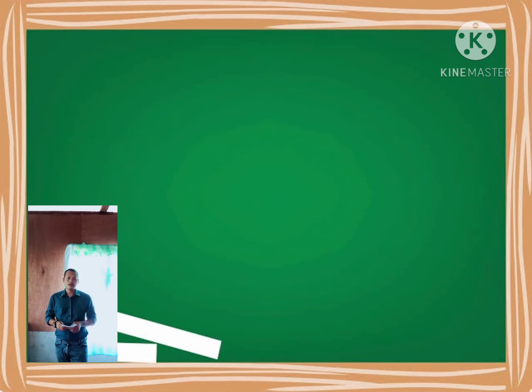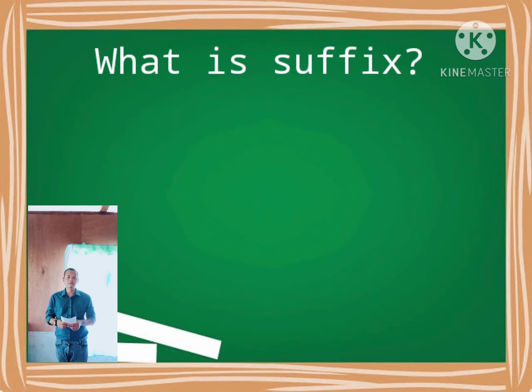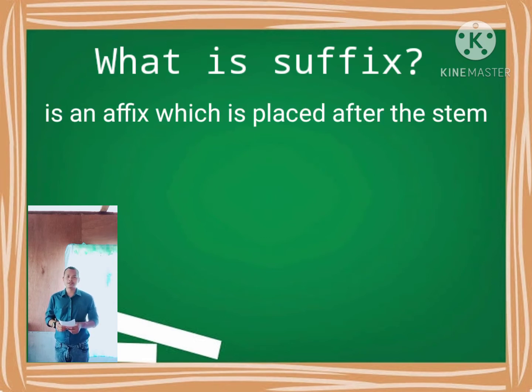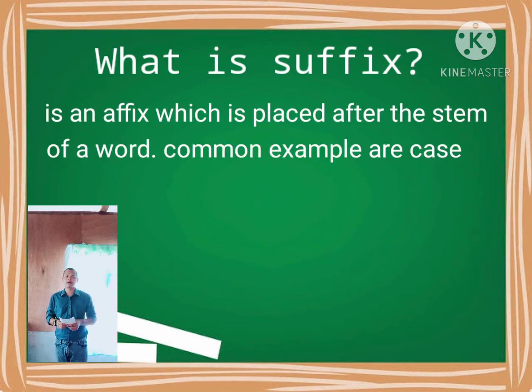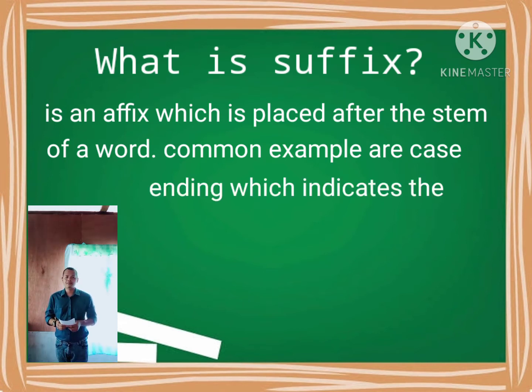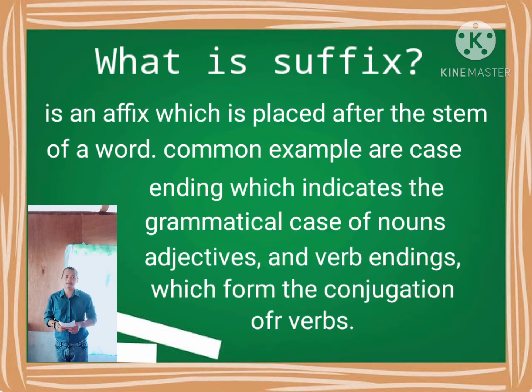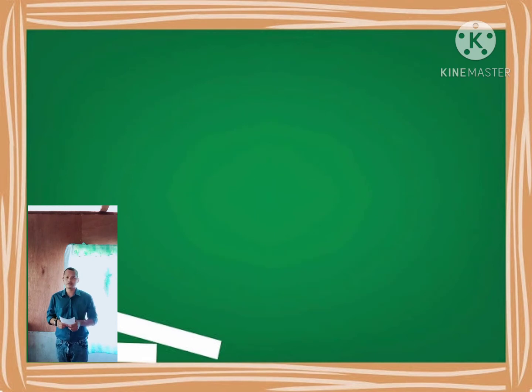Now, let's proceed to suffix. A suffix is an affix which is placed after the stem of a word. Common examples are case endings, which indicate the grammatical case of nouns, adjectives, and verb endings, which form the conjugation of verbs. So I have here an example of suffix. Distribution.